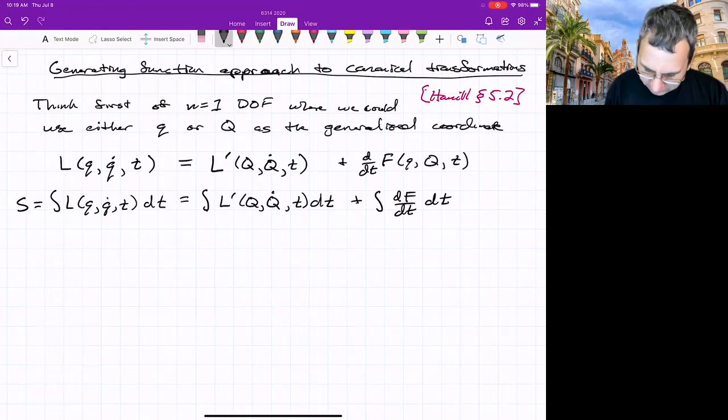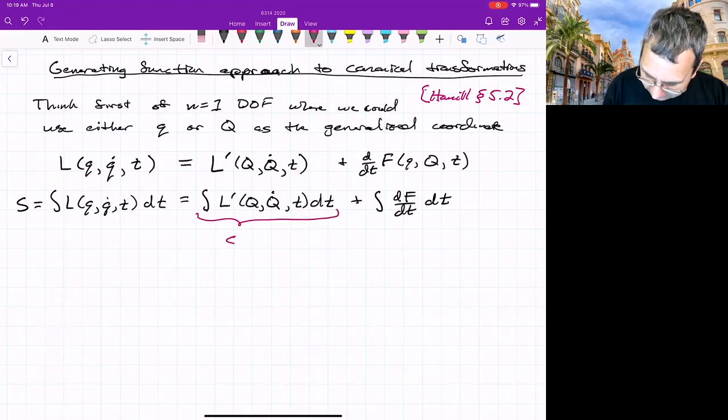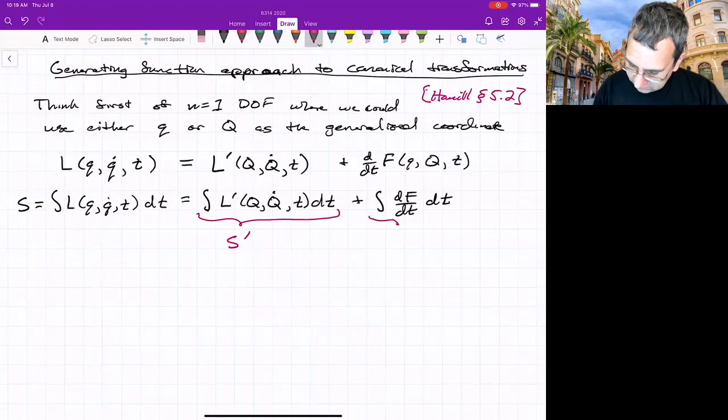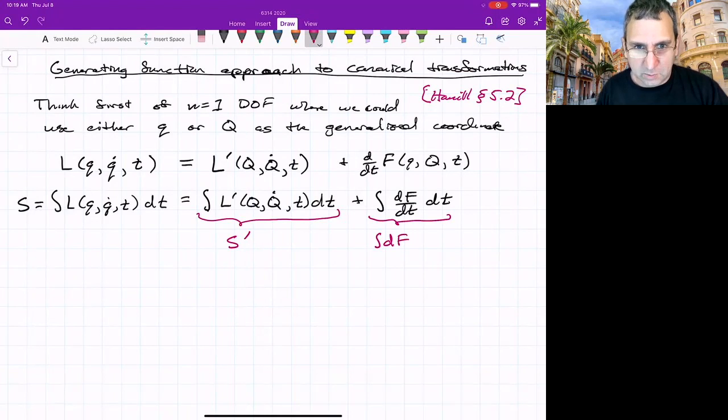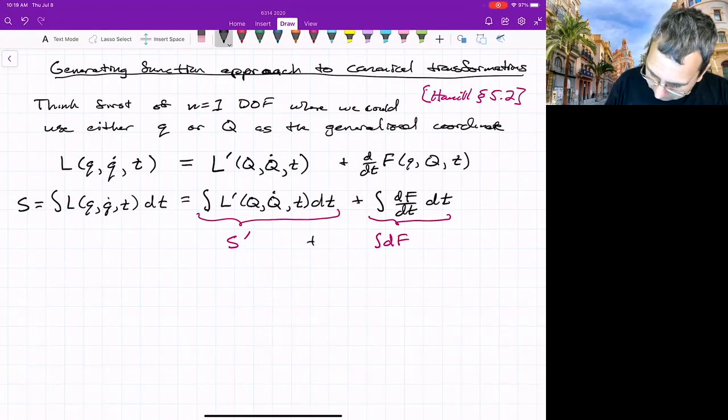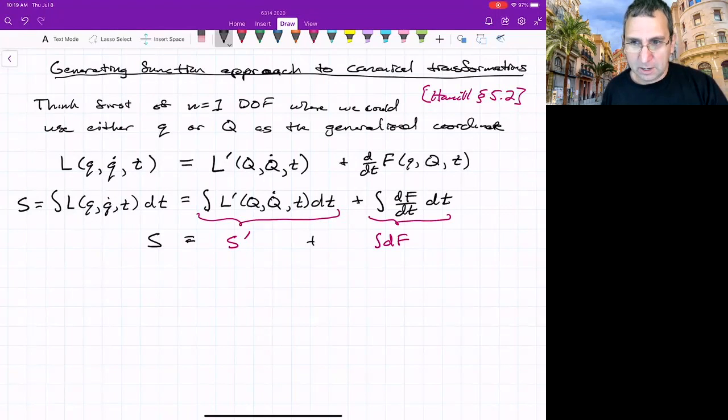And we could write this as, if S is the integral of L, then we'll say the integral of L prime is S prime. And what is this? This is the integral of df, because we've got the derivative of f with respect to time integrating over time. So we've got the sum of these two equals S. So that's how the actions are related in the old variables, the little q's and the big Q's.